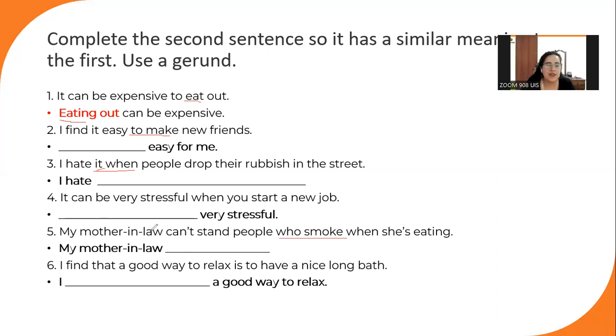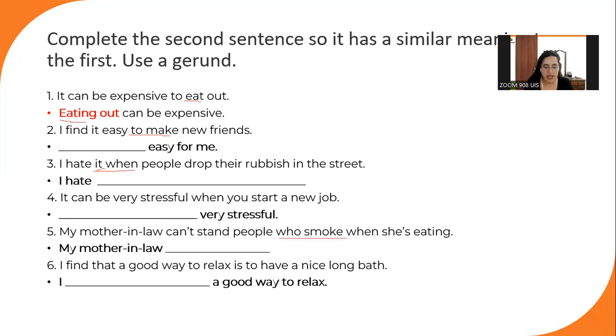Aquí lo que cambia, este "can't stand" queda igual. Mi suegra no soporta, no puede soportar. Esto queda igual. "People smoking when she's eating." ¿Ok? El único cambio que hacemos es de "people who smoke" a "people smoking".